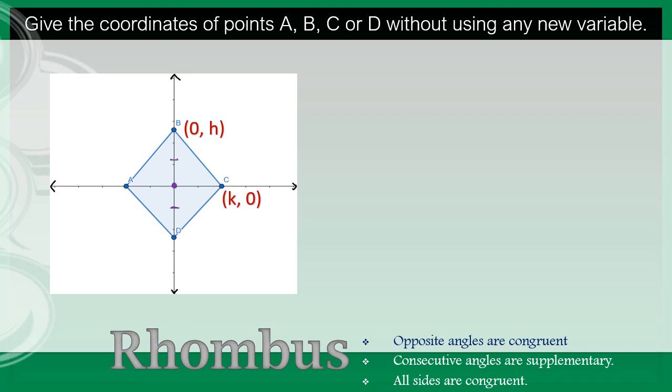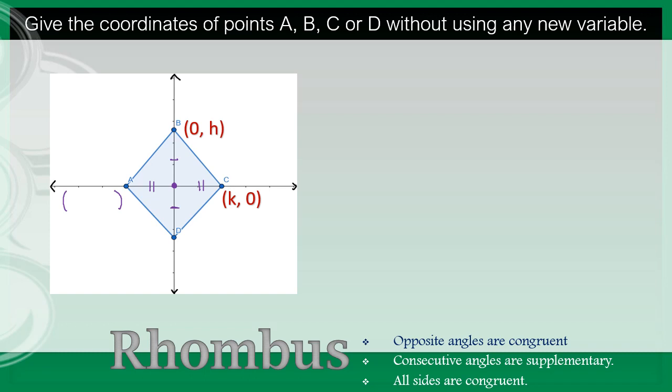And in the same manner, point A is equidistant with point C from the origin. And with that, we can now start with our coordinates by relating the data to its paired diagonal. So for point C, the coordinates, we have (k, 0).